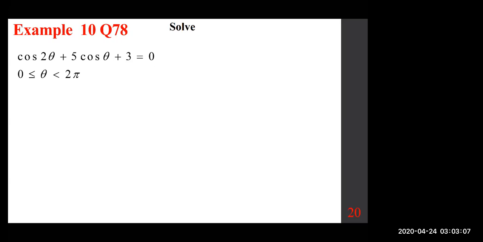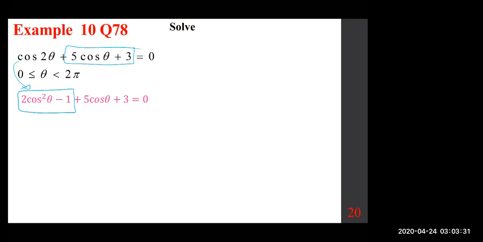Cosine 2 theta is cosine squared minus sine squared, 2 cosine squared minus 1, 1 minus 2 sine squared. Which one do we use? These are all involving cosine, so we use 2 cosine squared minus 1. This is the one we are going to use, because everything else is cosine.